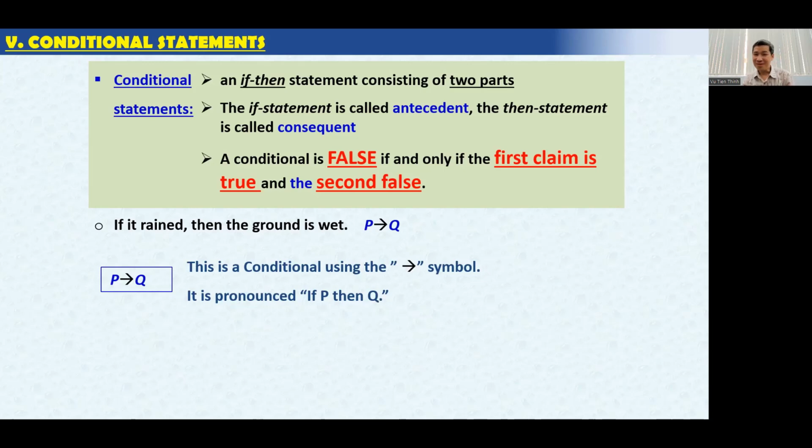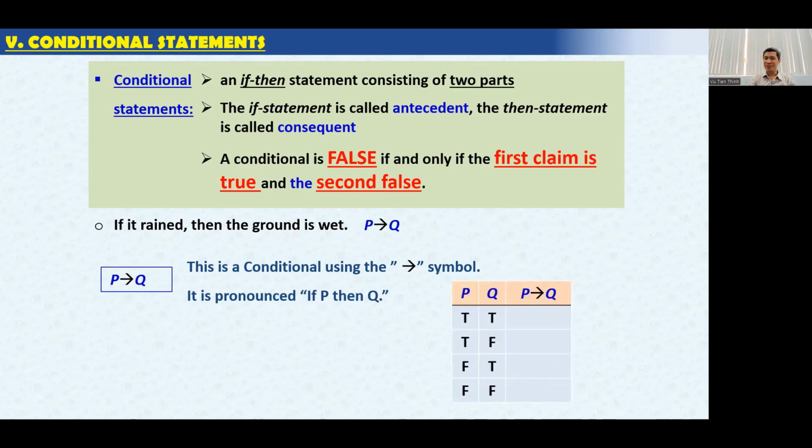Although maybe in the statement, if can be in the middle of the sentence. That's the way we just place the two clauses. But when you write the symbolic form, remember, the arrow should be from the left to the right. Don't write the backward arrow.